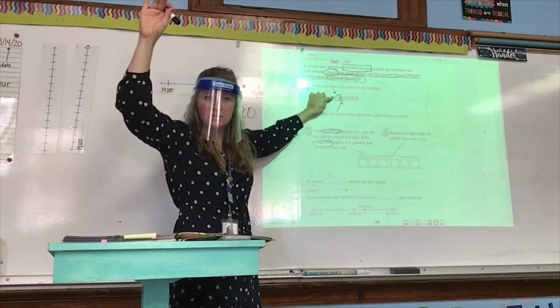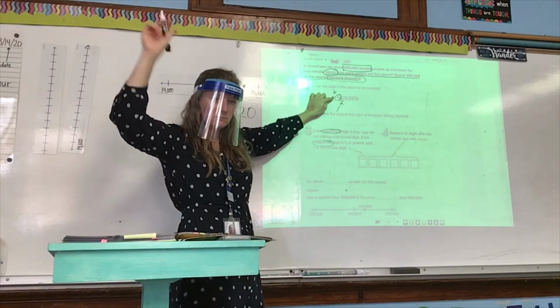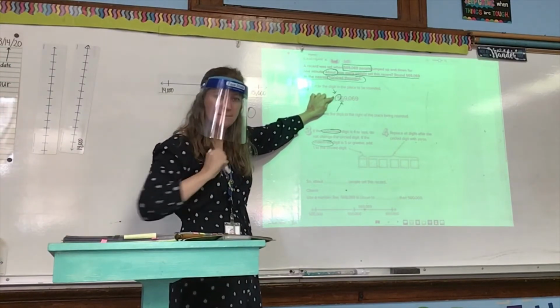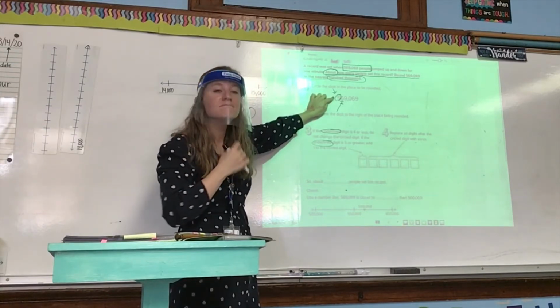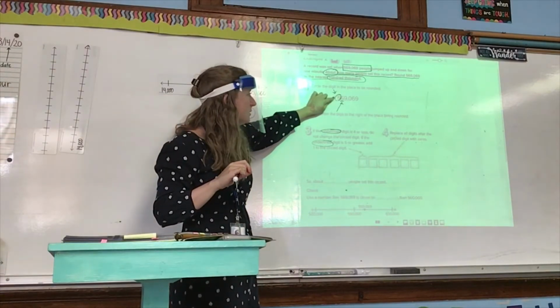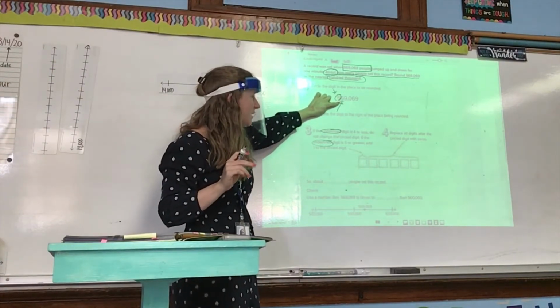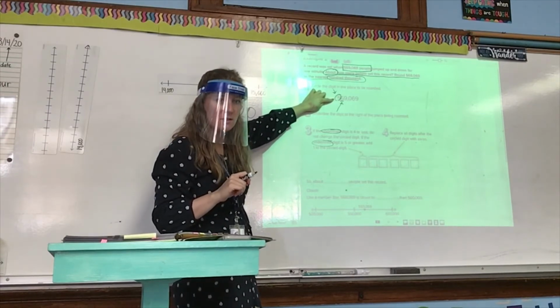Focus. Zari? Look at step 3. Our underlined digit is 5 or greater. So what do we do to the circle digit, Zari? We would take away from it.